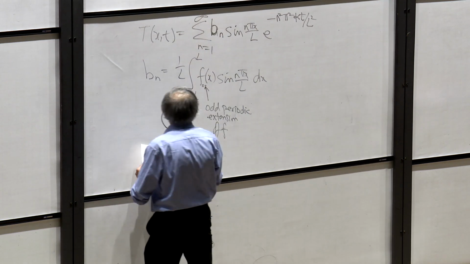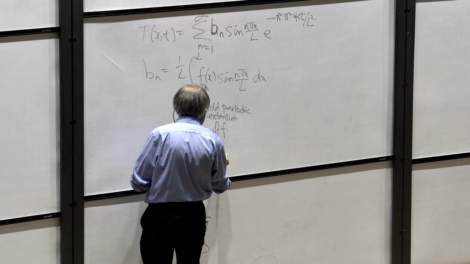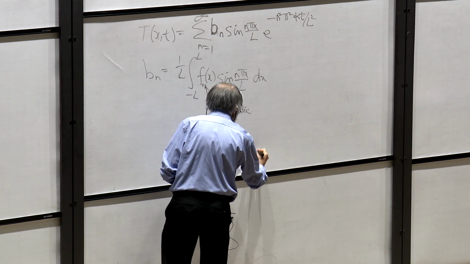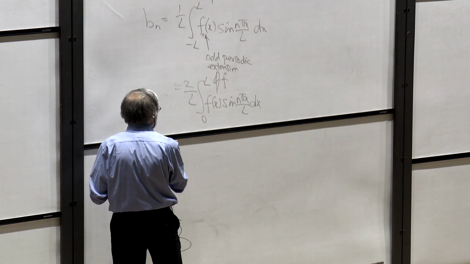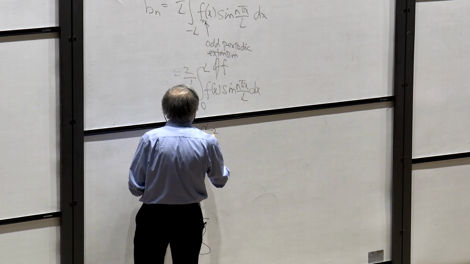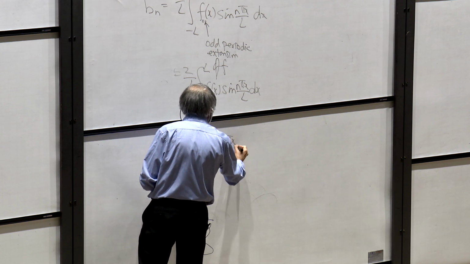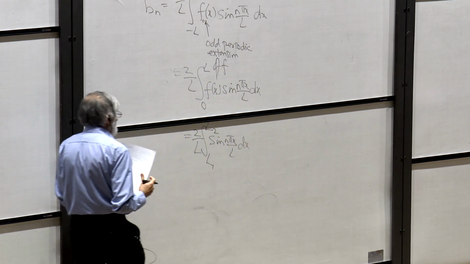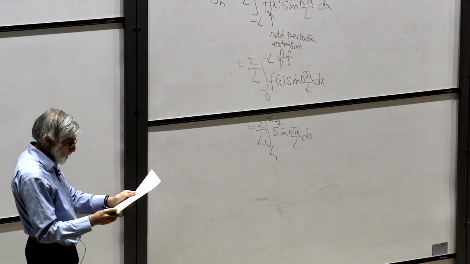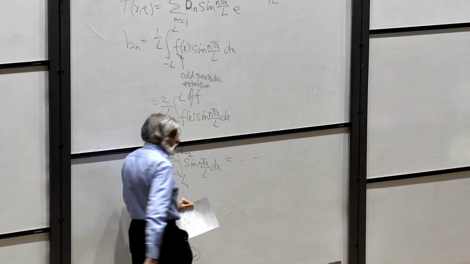And that just comes down to 2 times the integral from 0 to L of f of x sine n pi x over L dx, okay? The usual thing. And then that's just going to be the integral from L1 to L2 of sine n pi x over L dx, because f is 0 except between L1 and L2, where it's 1. And so you can work that out. That's just going to be cosines.